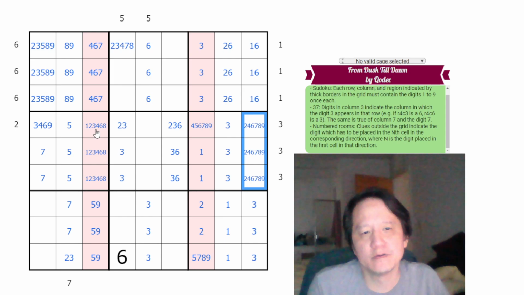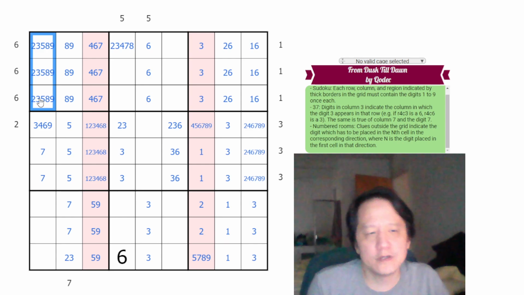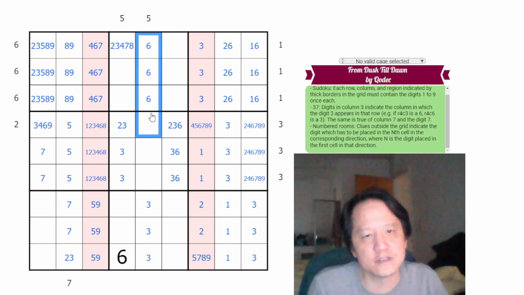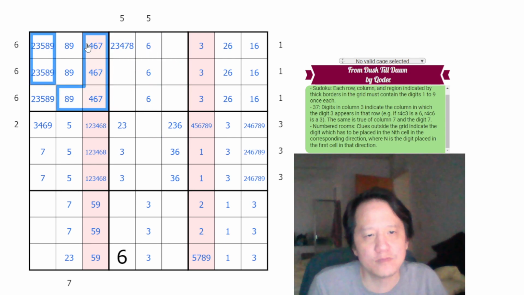I don't know. I'm not sure what else we can go through. So here, we know where the 6 is in box 2. We don't know where it is in box 1 or box 3.